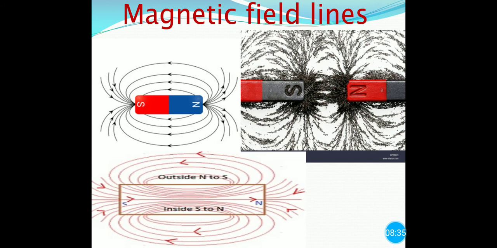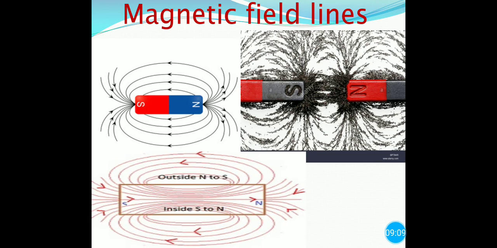Therefore, magnetic field lines form continuous closed loops. The number or density of magnetic field lines indicates the strength of the magnetic field, that is, weak or strong magnetic fields.